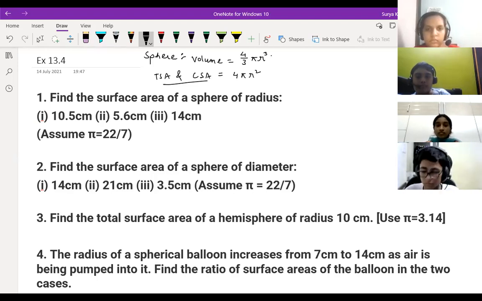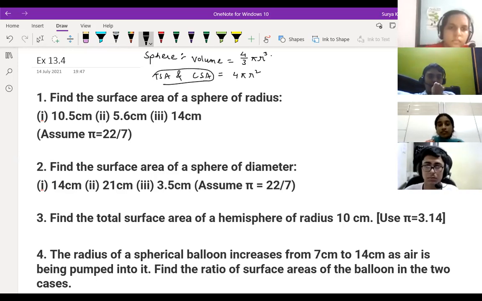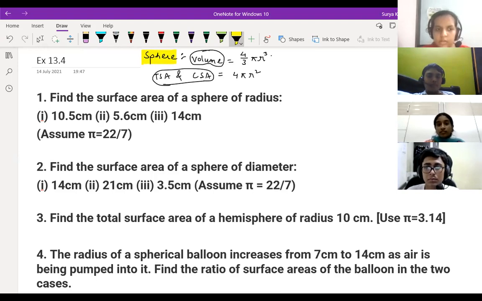Taruni and Ashini, try to understand here. If you understood volume as 4 by 3 pi r cube, then TSA and CSA are very easy to remember. Because this is area, a 2-dimensional thing, and this is volume, which is 3-dimensional. So for both of them, it is the same formula, 4 pi r square.